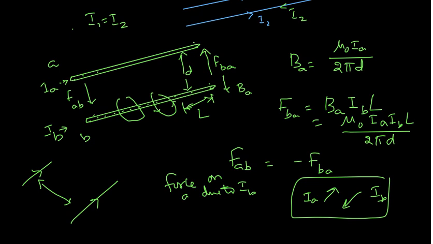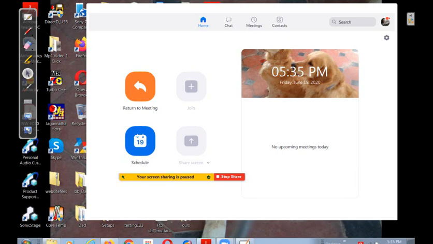The next point is torque on a current loop, the magnetic dipole. For example, if we keep this kind of a loop in a magnetic field, what will happen? That is the next topic.